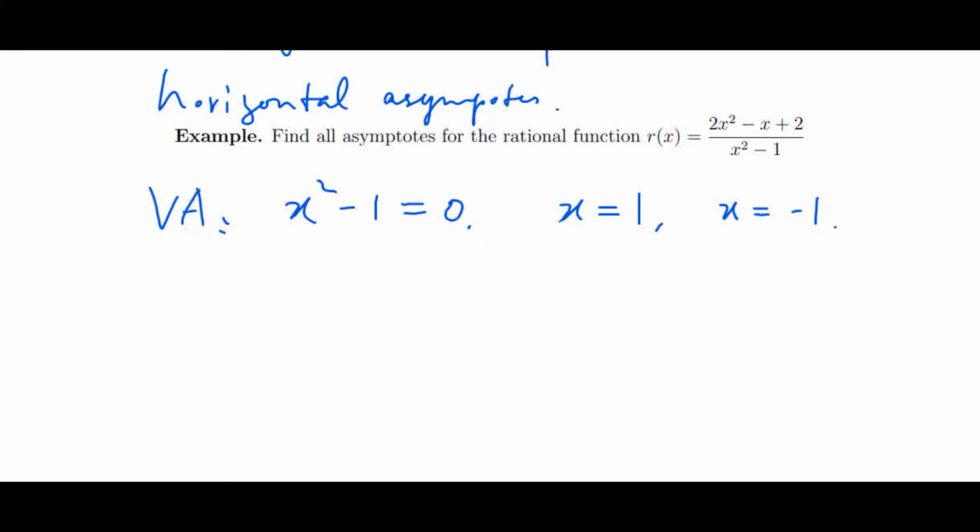And this is a proper rational function, so we have an HA, horizontal asymptote. We can quickly determine this HA by checking x squared over x squared, just like 2x squared over 1x squared, which is just 2. So we have a horizontal asymptote y equals 2.